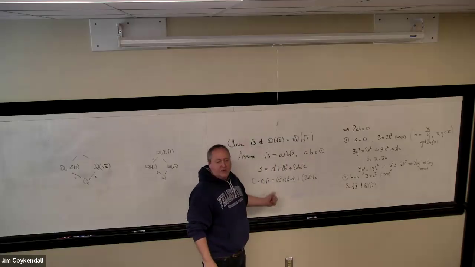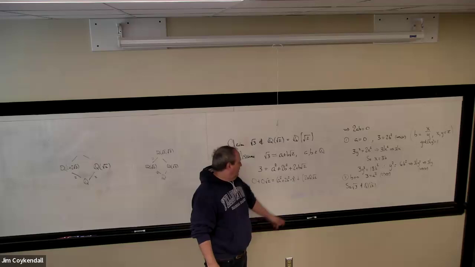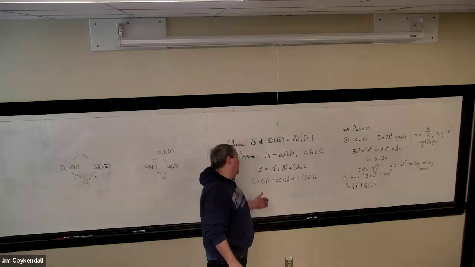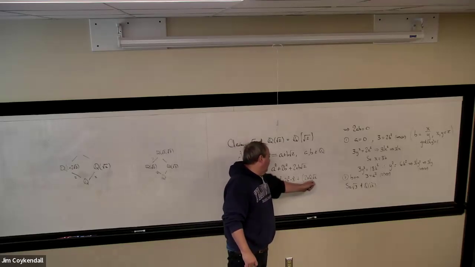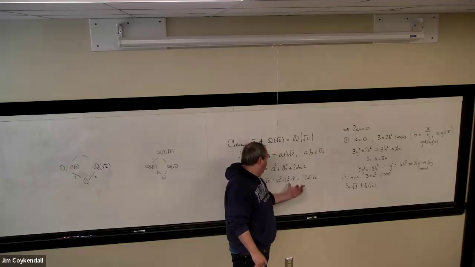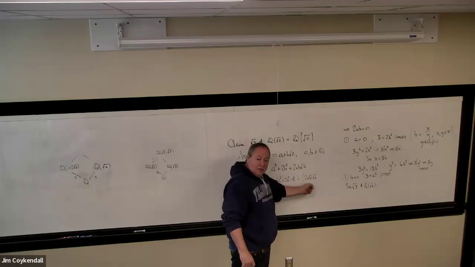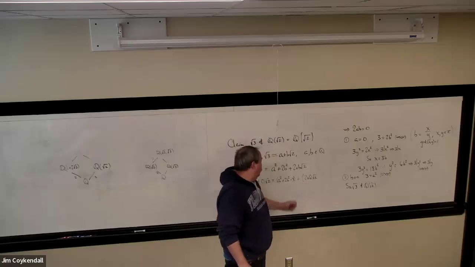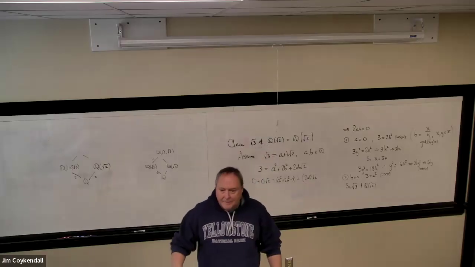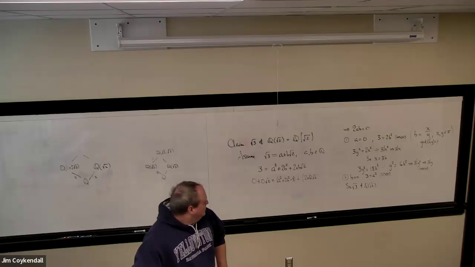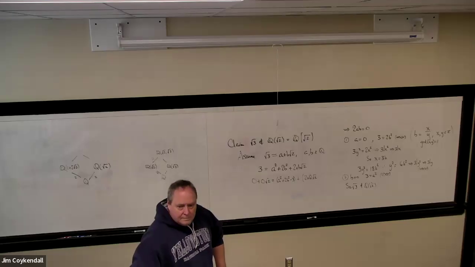These are basis elements, so just equate them. The set {1, radical 2} is linearly independent. So not only does 2ab have to be 0, but this has to be 0 as well. Okay with that? Yes.